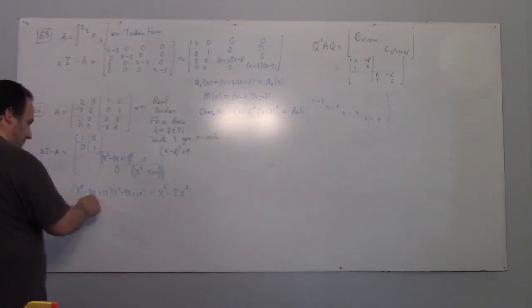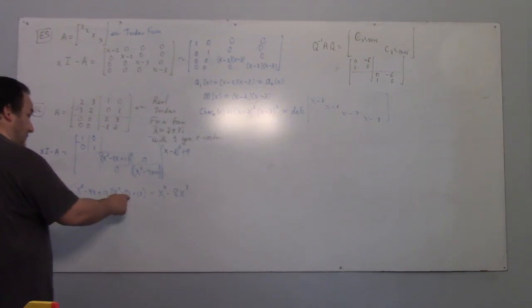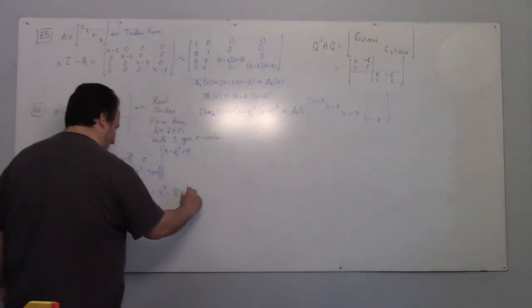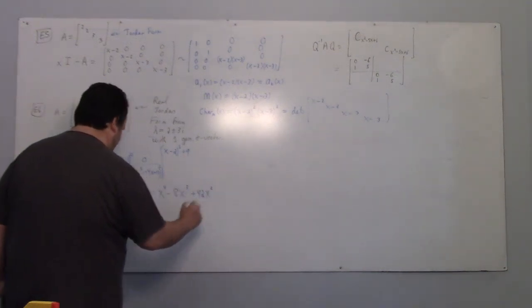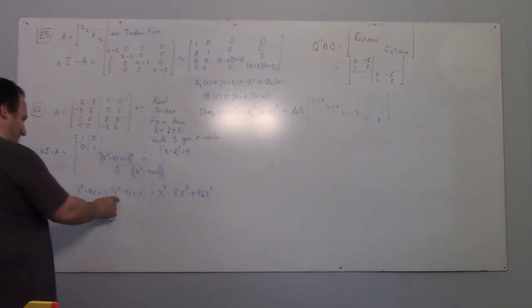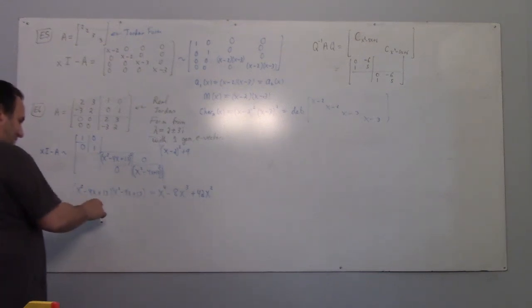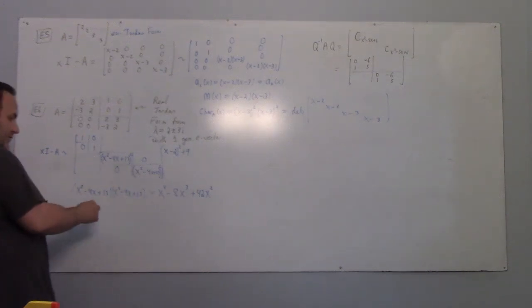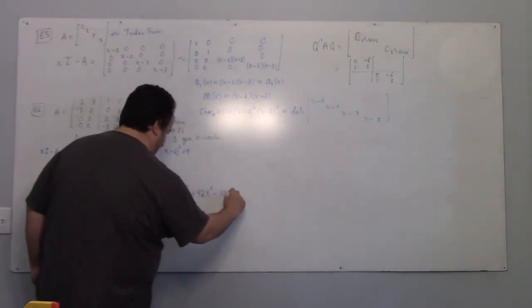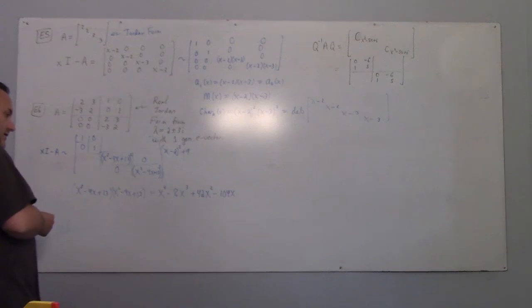How many squares? 13, 26, 26 plus 16, 42. Love when that happens. And then how many x's? 4 times 13 is 52, 104. Minus 104. And 169.